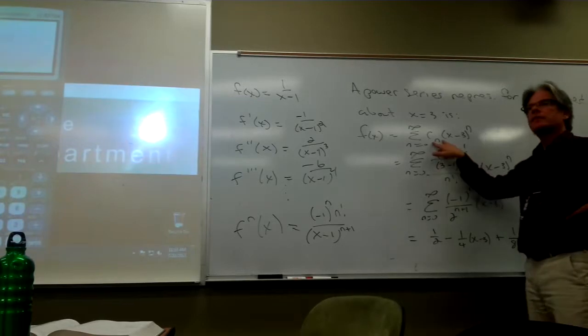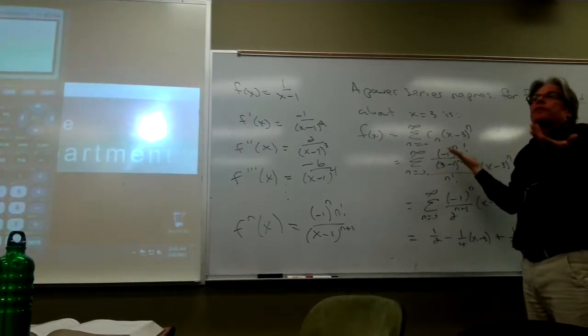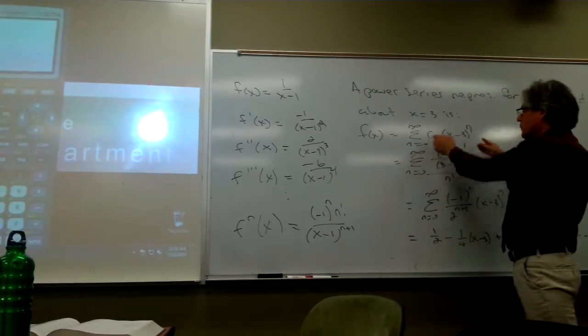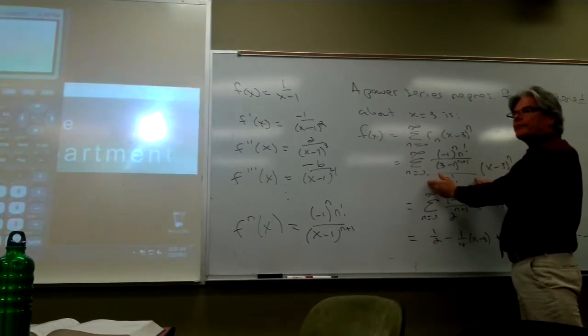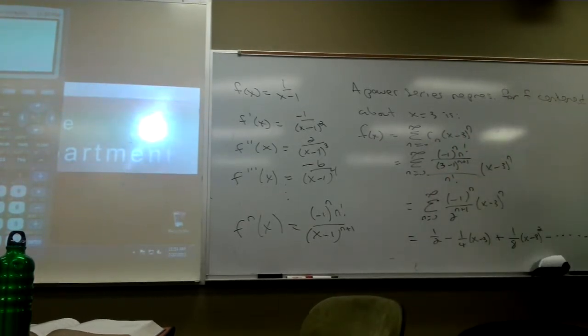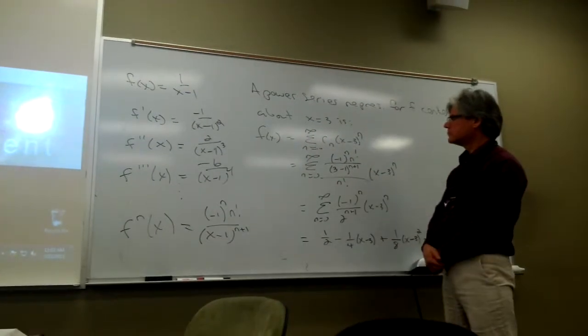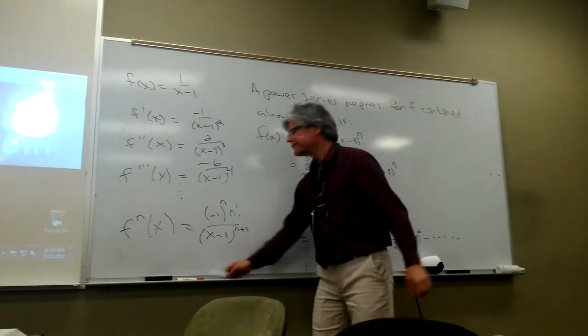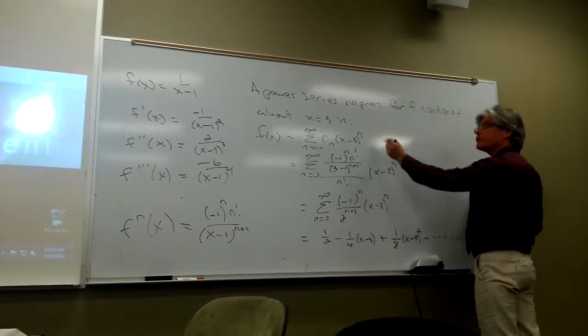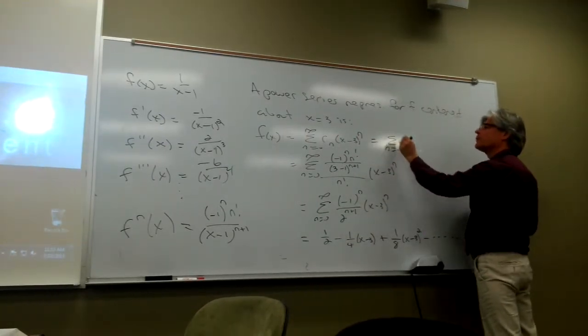You don't have to write this. I'm just being instructive in front of the entire class. You could have just immediately gone to here. The moment you have the n factorial and the 3, that's just c sub n. The x minus 3 is that x minus a. Can I put another step in between? Yes, please. The sum from n equals 0 to infinity.